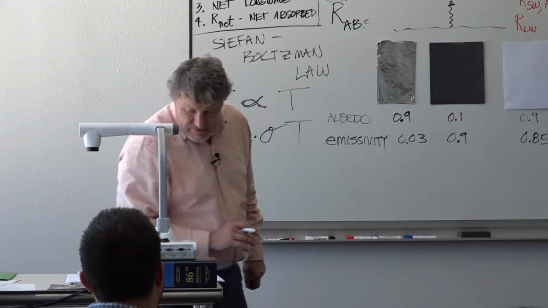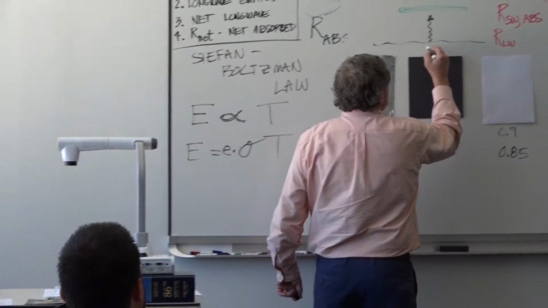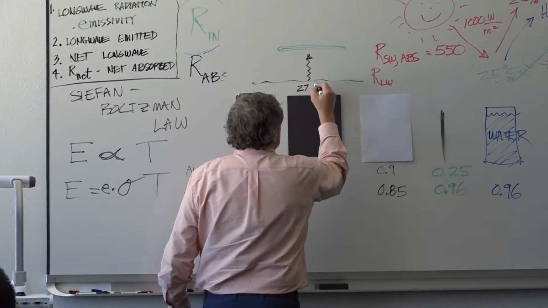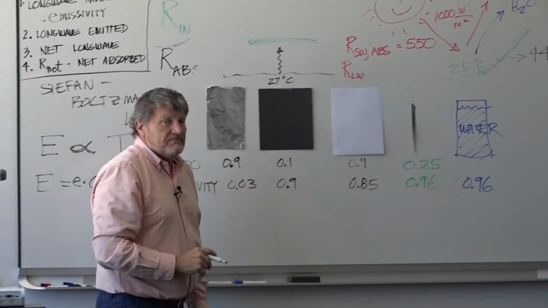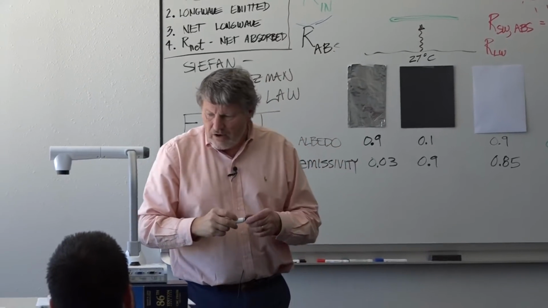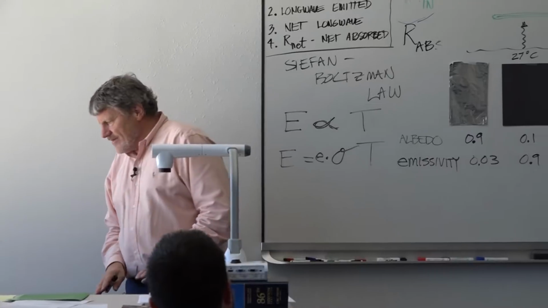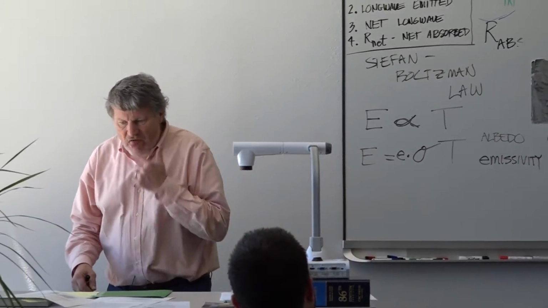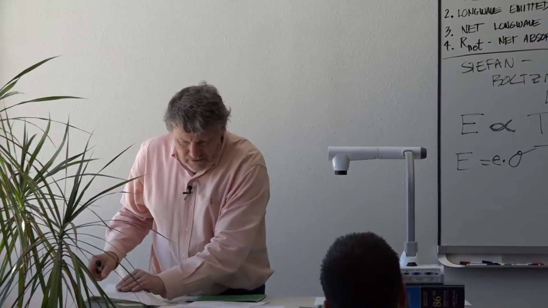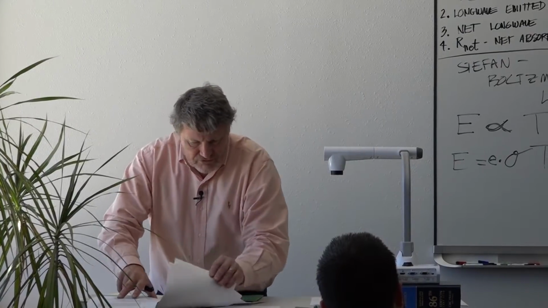And in this case, I assumed 27 degrees C for the ground. So now we plug that number in, and if I'm lucky, I can find my chart of long wave chart from yesterday.